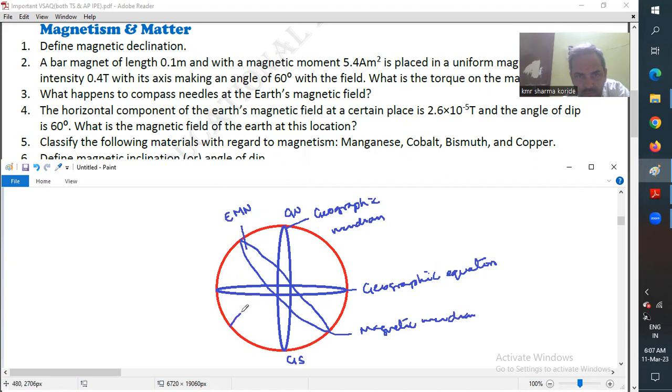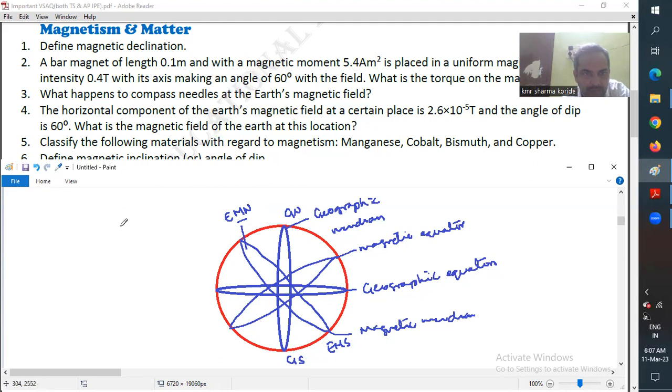Perpendicular to which there will be the magnetic equator. The plane connecting earth magnetic north and earth magnetic south is called the magnetic meridian.